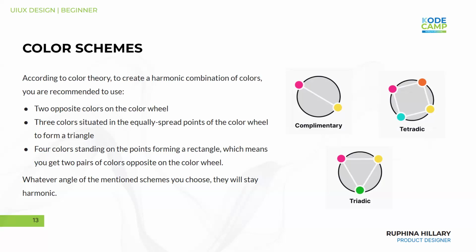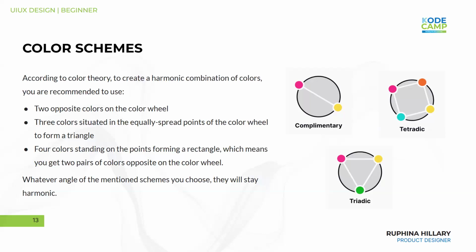So that's where you should be using complementary. But for an application's user interface, it's not really advisable because it can be very contrasting, can be very catchy. We're not trying to distract our users. We're just trying to make our designs attractive and easy to use.